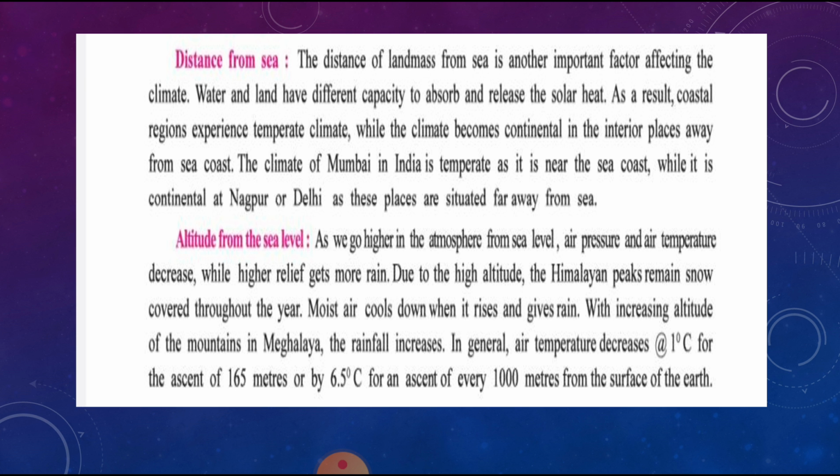For example, mountainous land, flat land and valleys are all included in this. As we go higher from the sea level in the atmosphere, the air pressure and the air temperature start decreasing. And the higher relief, that is the area at more height, gets more rain.